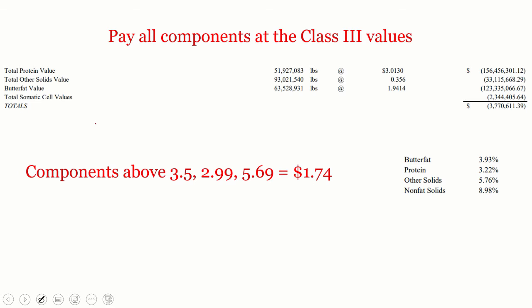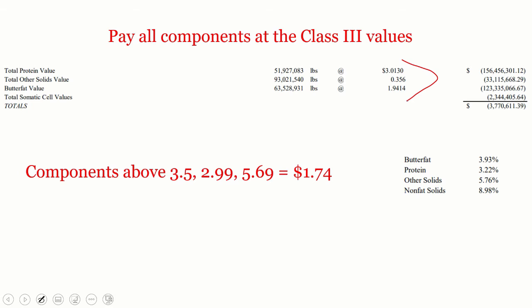Now, the next thing that they do is they pay out all the components, and all the components are paid out on class 3 values. And so that is something that is kind of the root of everything that's in the milk check, and that is based on history.